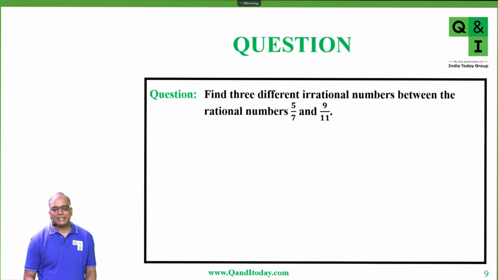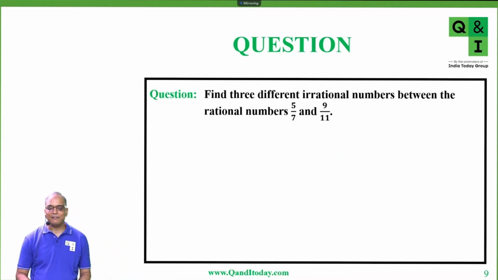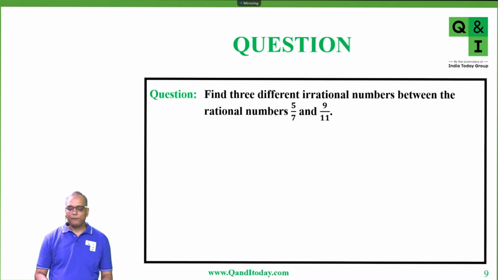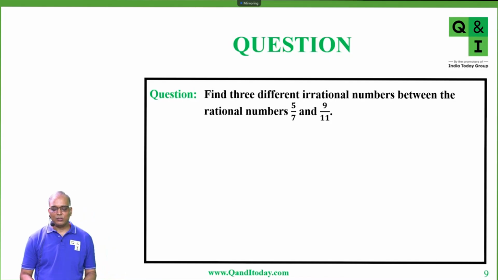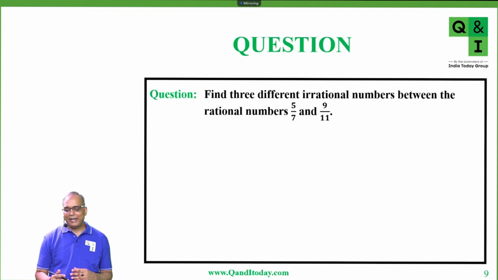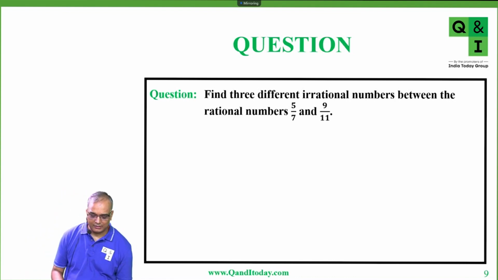Now the next question is, find 3 different irrational numbers between rational numbers 5 by 7 and 9 by 11. So first of all, we need to find out the value of 5 by 7 in decimal, and similarly 9 by 11 in decimal.